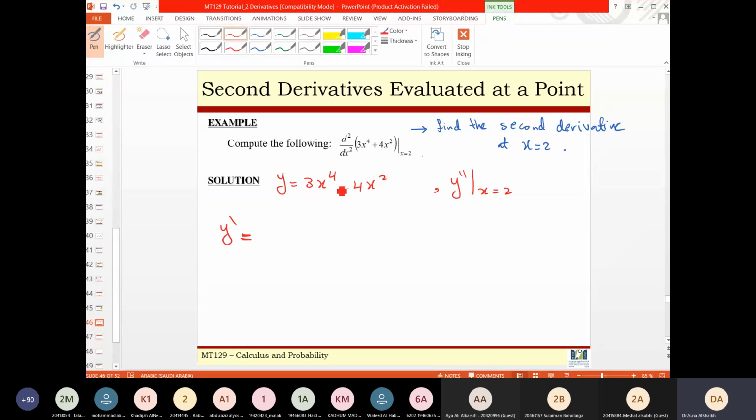The Leibniz notation is important in case we have a function with more than one variable. If it has many variables. In all our cases we have one variable, x, so the dash is easier. So 3 times 4 will be 12x^3 + 8x, right? Isn't this y dash?